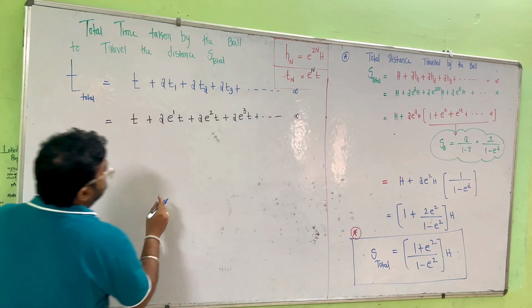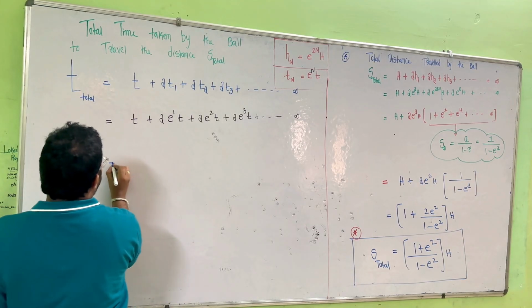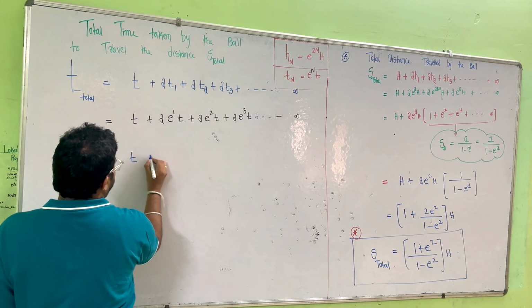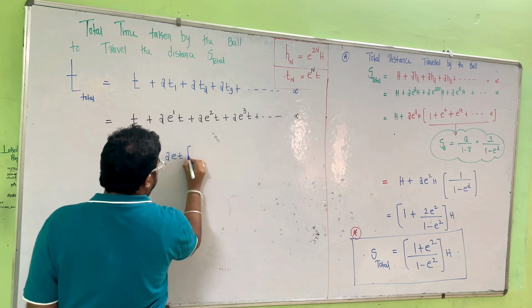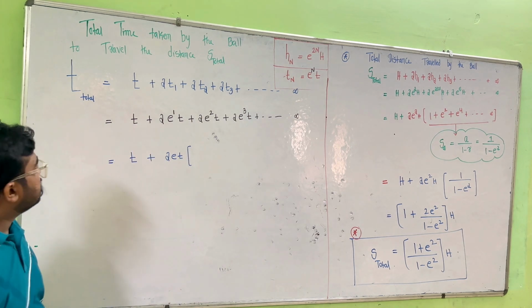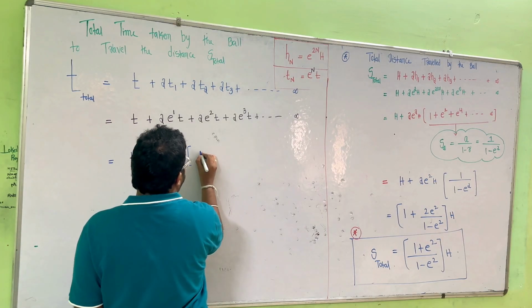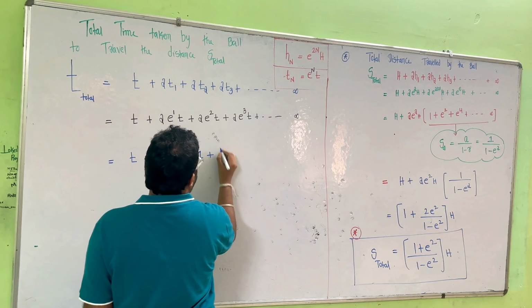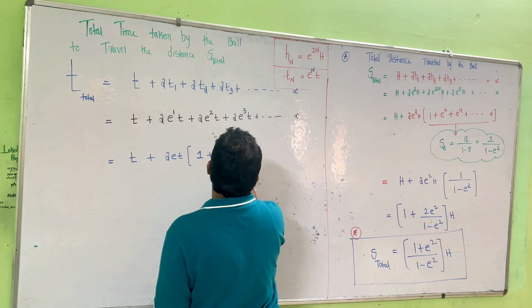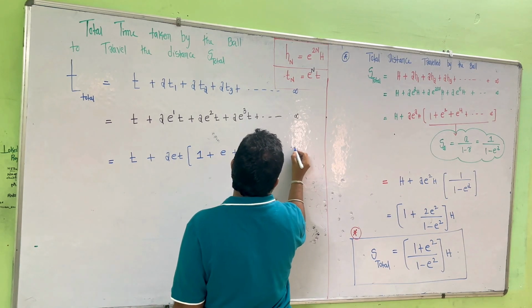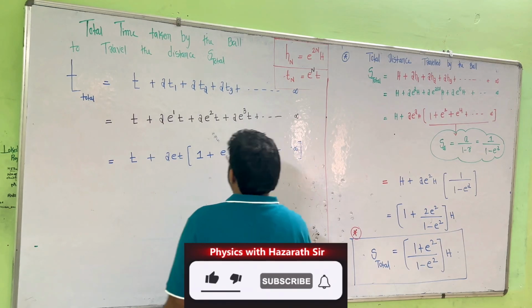Clear? Now tell me what you will get. Here T plus 2 times eT taken out: 2eT times (1 plus e plus e square plus and so on up to infinity).